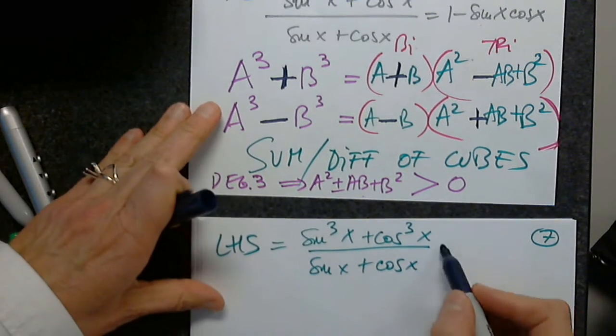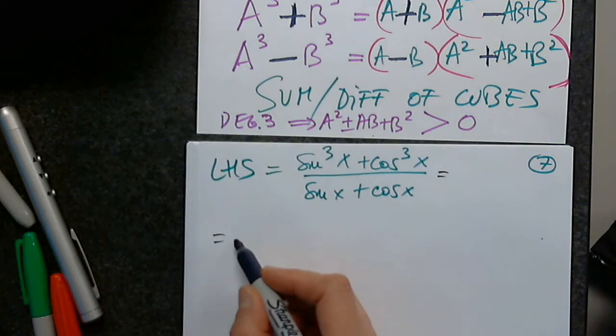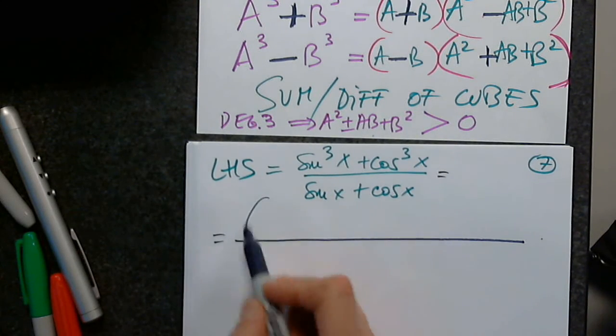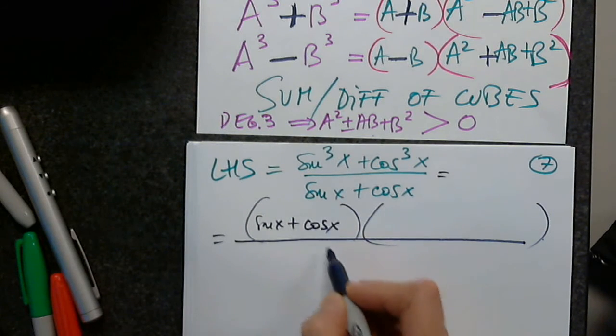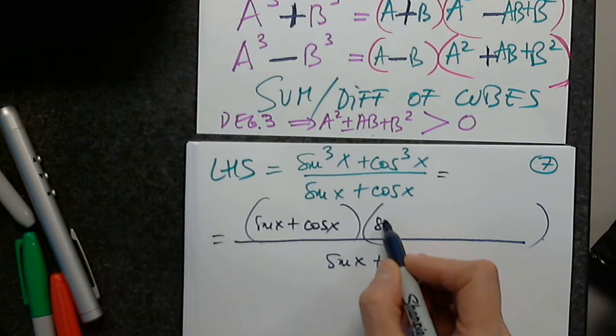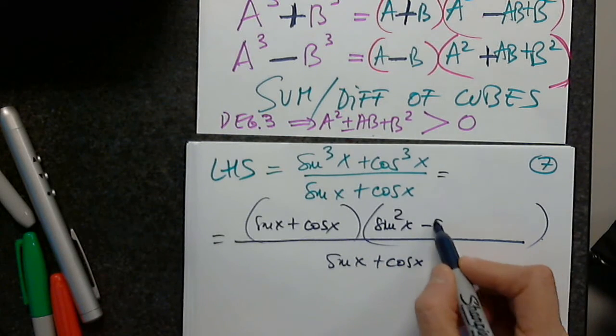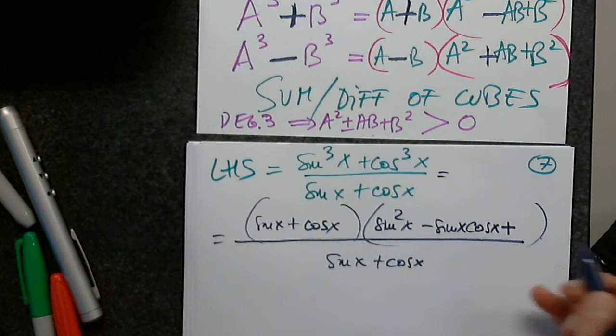So now, where do I start? What do I do? Yes. So sine x plus cosine x, and then sine squared x minus sine cosine plus cosine squared.